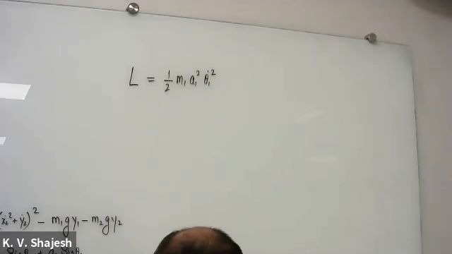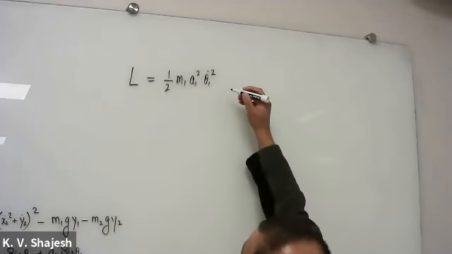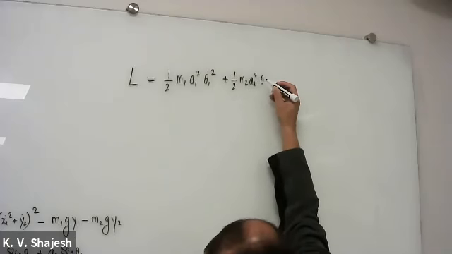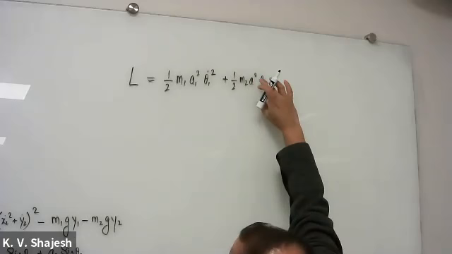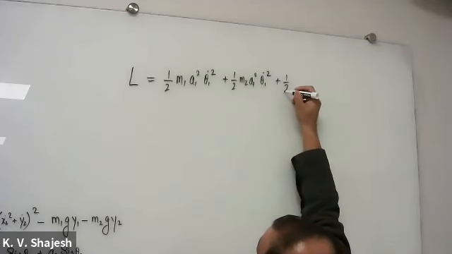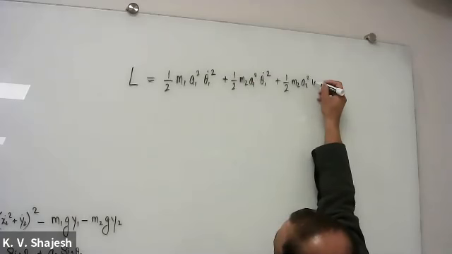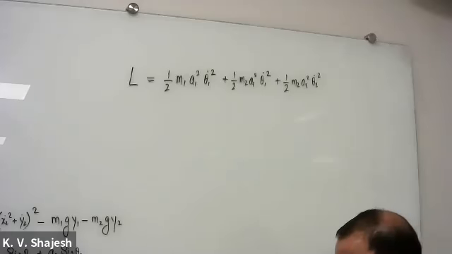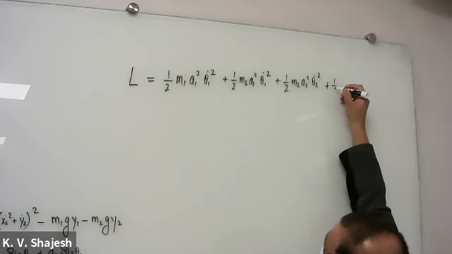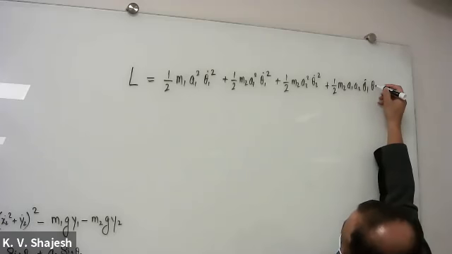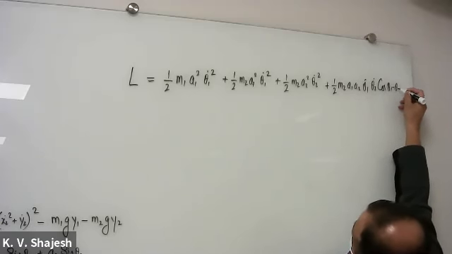The second kinetic energy has a bigger structure: half m2 a1 square theta 1 dot square plus half m2 a2 square theta 2 dot square, and you have plus half m2 a1 a2 theta 1 dot theta 2 dot cosine of theta 1 minus theta 2.